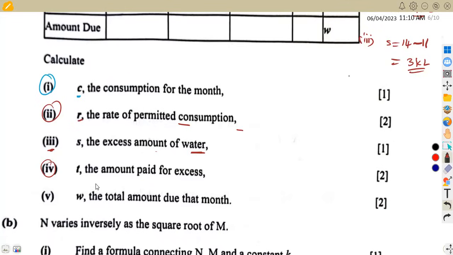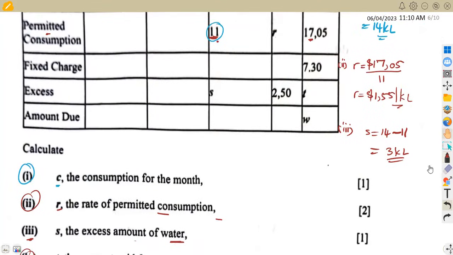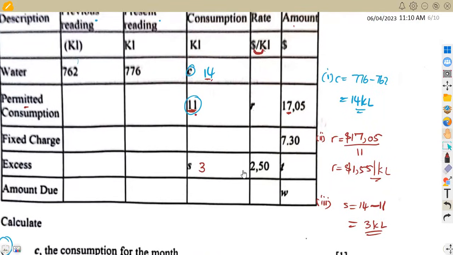So they used 3 kiloliters more than we were actually supposed to use. Then T, the amount paid for excess. If they used 3 kiloliters as excess, then what is the amount? We are given that the rate states it's $2.50 per kiloliter, and we used 3 kiloliters.